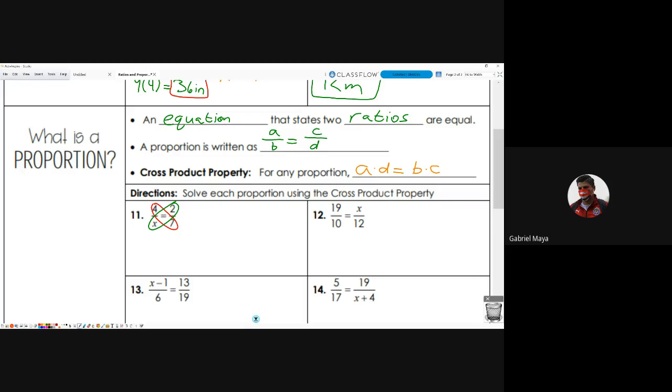So that gives you 4 times 7 is equal to 2x. Well, 4 times 7 is 28. 28 equals 2x. Then you divide both sides by 2. Well, this gives you 14 equals x.